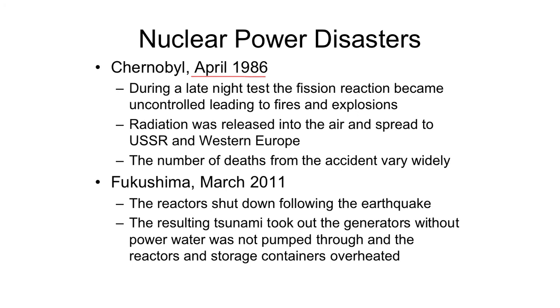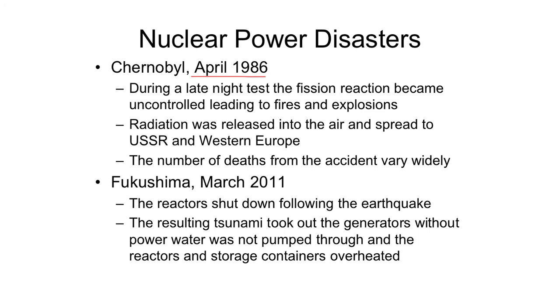Radiation was released into the air and spread as far as Western Europe. And it's hard to pinpoint an actual number of deaths. There were a lot of deaths right afterwards of the firefighters who went in to try to put out the fires, people in the surrounding area, people who worked at the power plant.